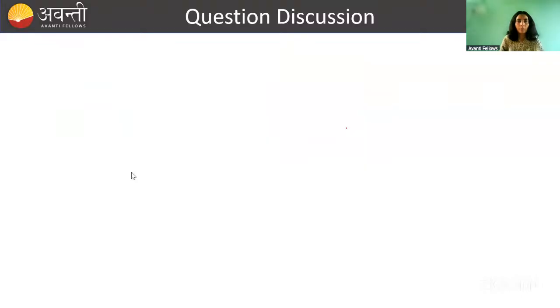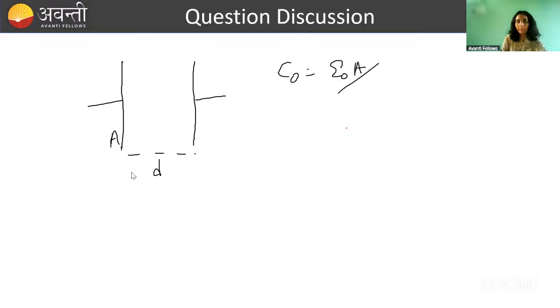Let's do it. Let's say in the first case itself, we are now also adding dielectric, but in a different way. Its initial area is A, the separation is d. So C naught is equal to epsilon naught A by d. Now we are adding dielectric in two regions, like this. In this space K1, in this space K2. Now tell me how many capacitors we are getting because of the addition of dielectric.